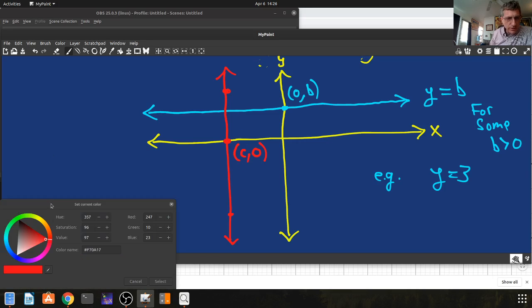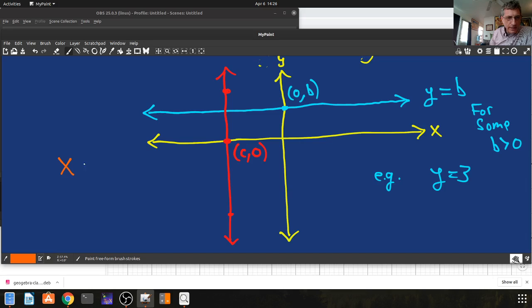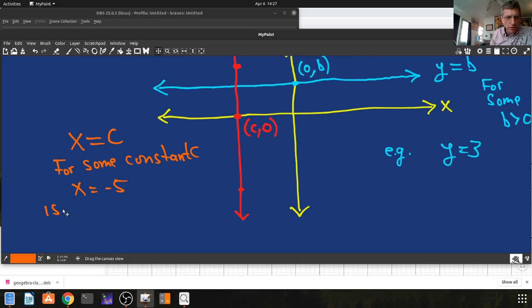So what we just discovered is that the corresponding x is equal to c for some constant c. For example, x is equal to -5 is, you ready? Drum roll.